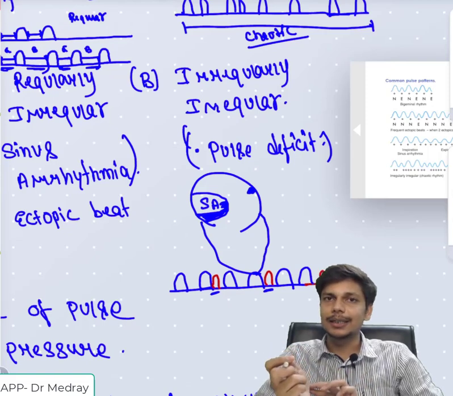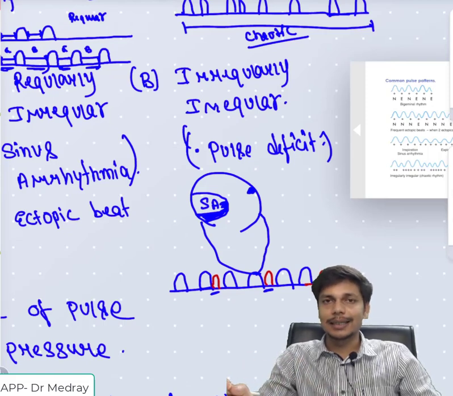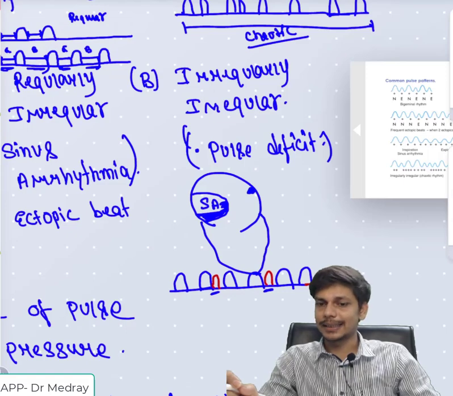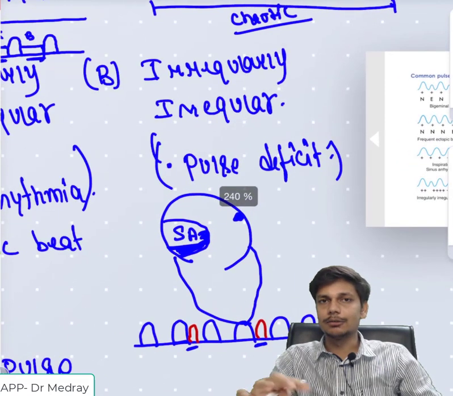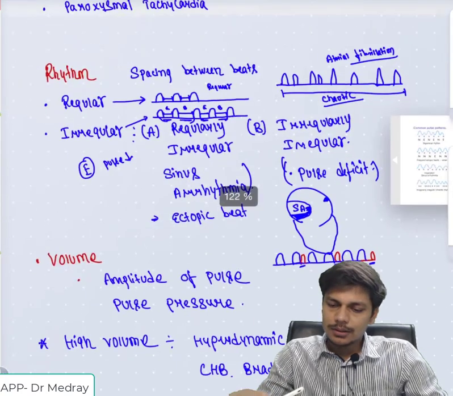The heart rate is 120, but the pulse is only 100, so there is a deficit of 20. This is known as pulse deficit, and it is characteristic of atrial fibrillation. So a patient with atrial fibrillation will have a pulse deficit of more than 10. And when you look at the rhythm, it will be totally chaotic, that is, irregularly irregular.